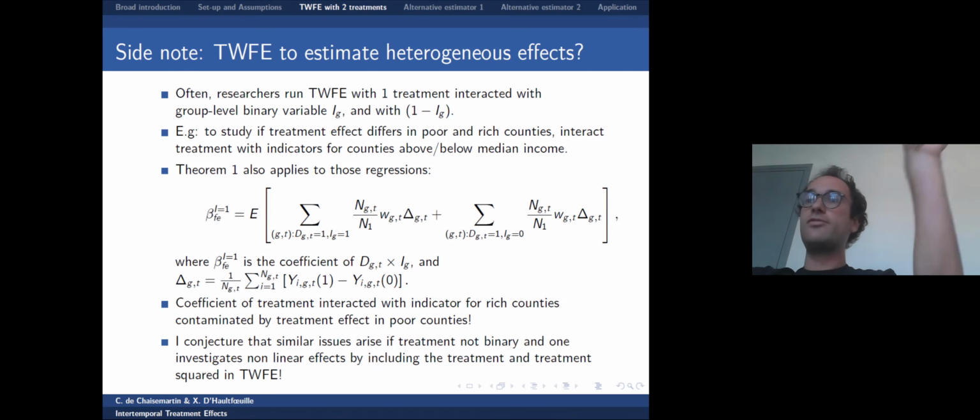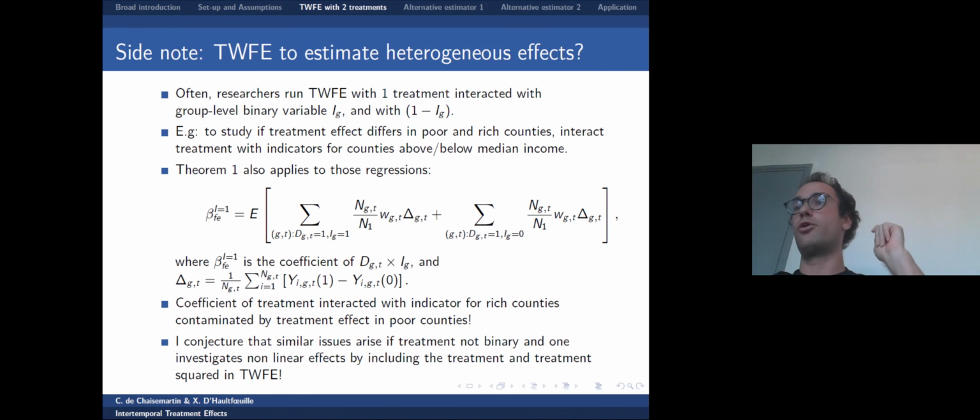So you're trying to isolate the effects in rich and in poor counties. Well, too bad for you. Turns out that your coefficient for the rich counties is actually contaminated by the effect in poor counties.